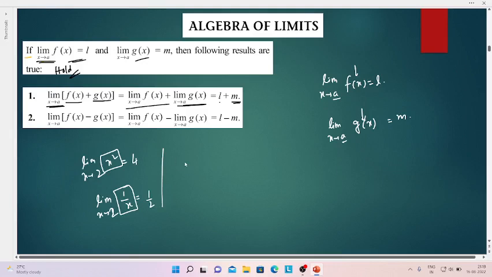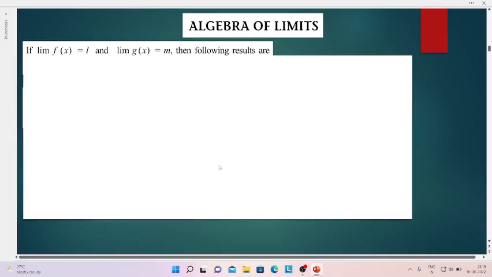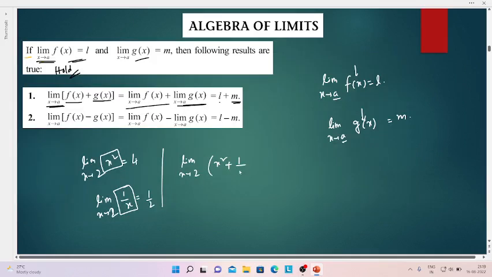So the question says that if we take the limit as x tends to 2 of the sum of the given functions, which are x squared plus 1 by x, this is similar to limit x tending to 2 of x squared plus limit x tending to 2 of 1 by x, and these equal 4 plus 1 upon 2.